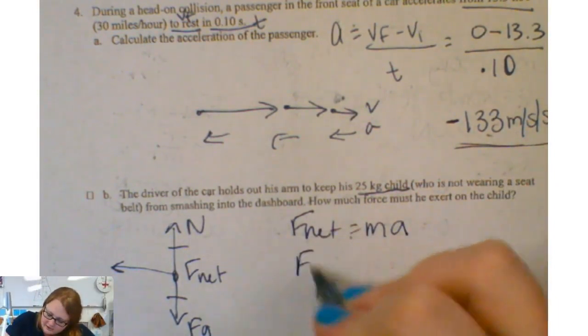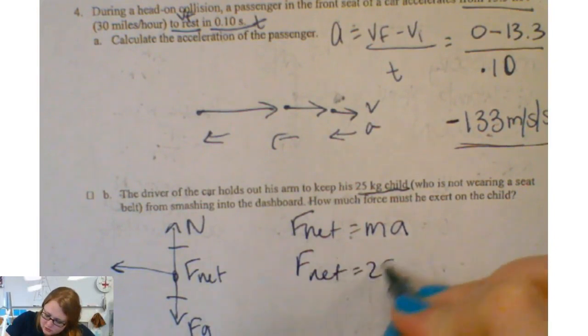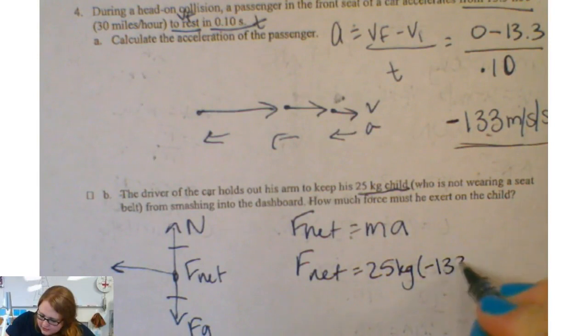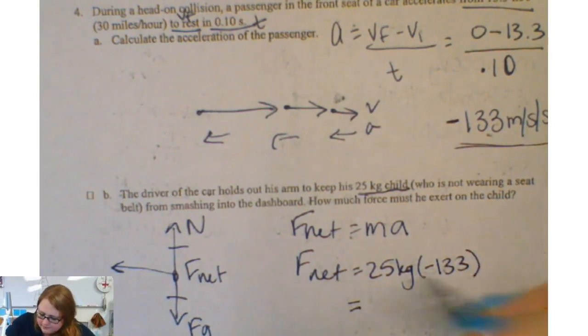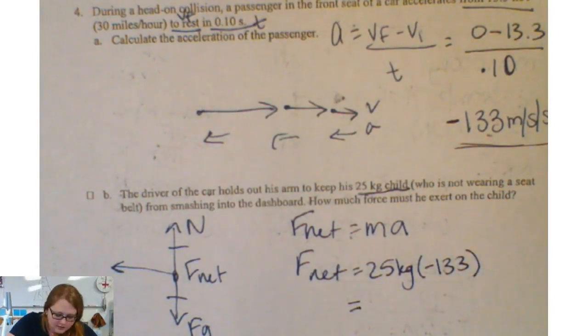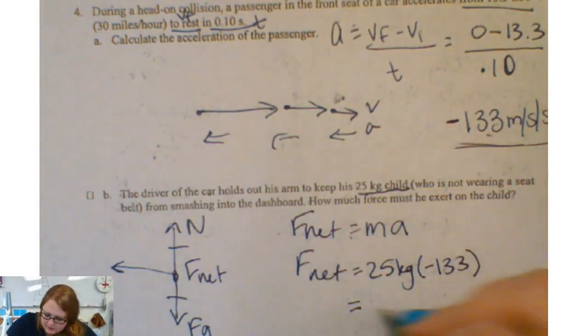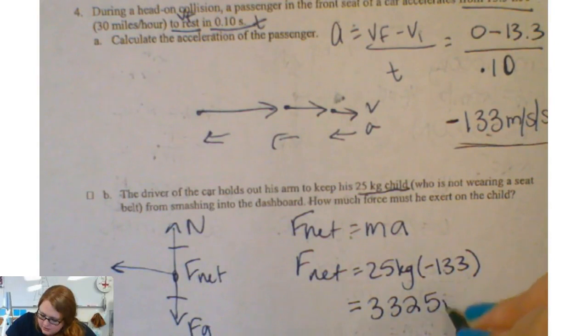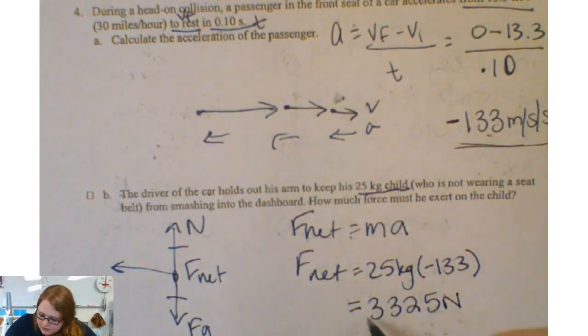So we're going to have net force equals 25 kilograms times an acceleration of negative 133. 25 times 133 is 3,325 newtons. That's a really large force, and that force needs to be negative because he's pushing back on the kid, and that negative is important.